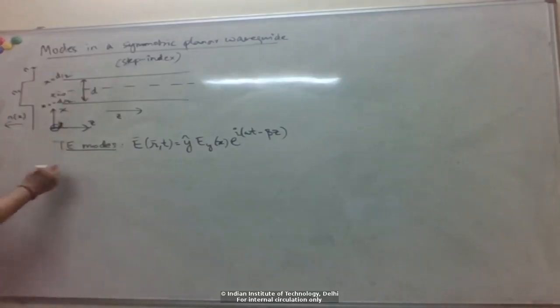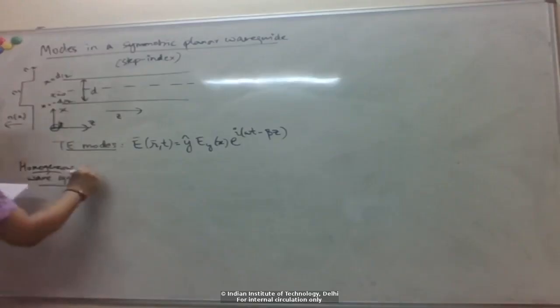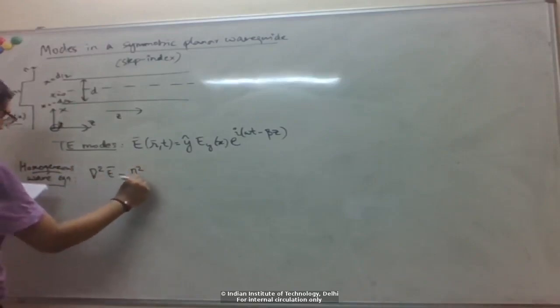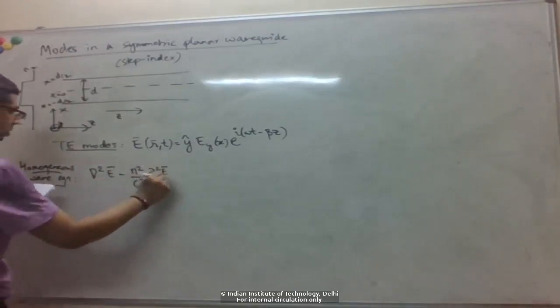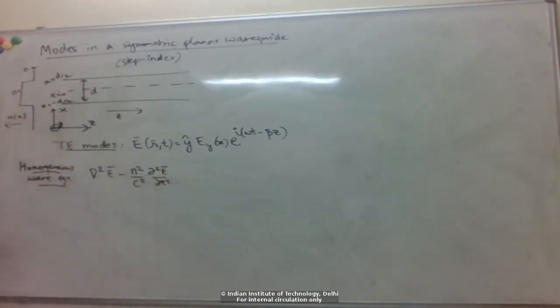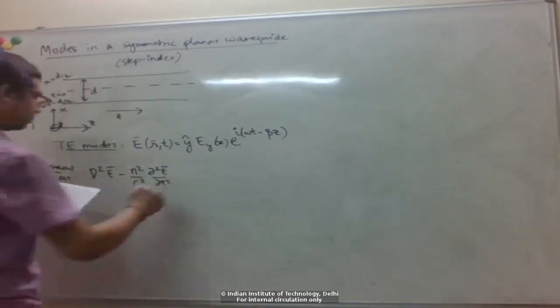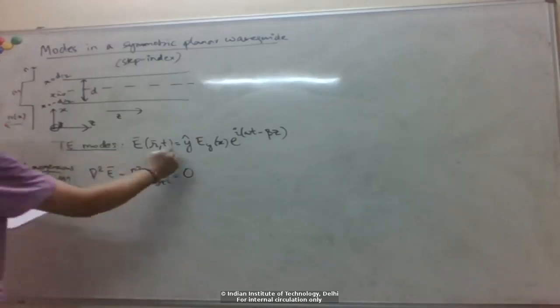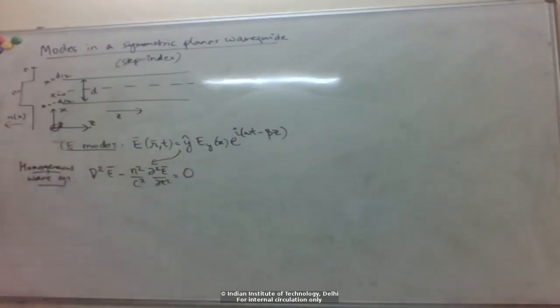Okay? So recall that we derived this homogeneous wave equation. For a medium with constant refractive index, we satisfy this. So we basically plug this solution for E into this equation.